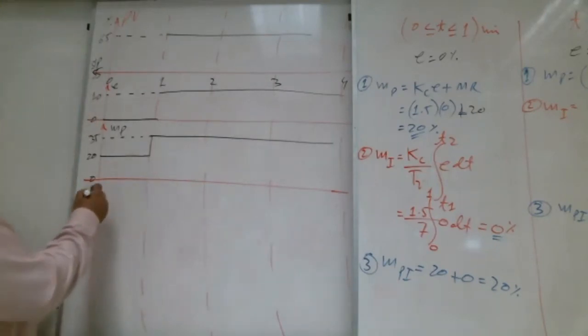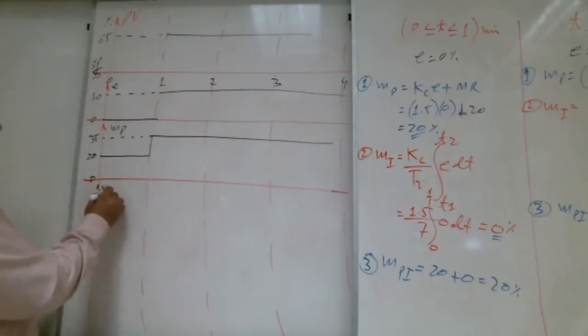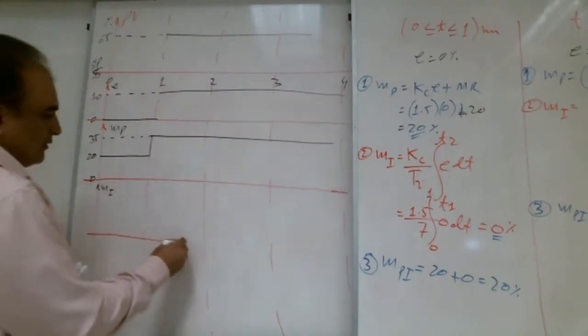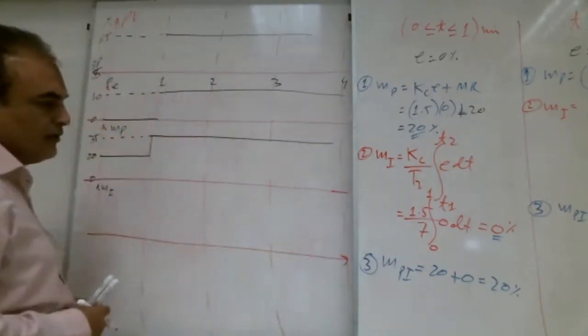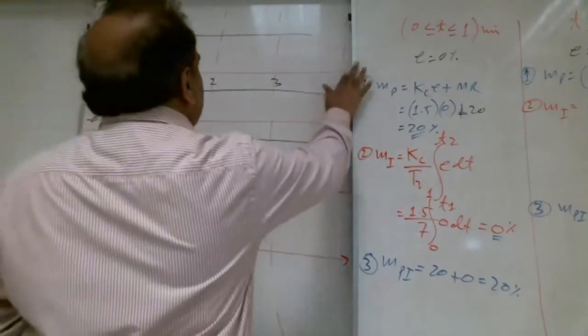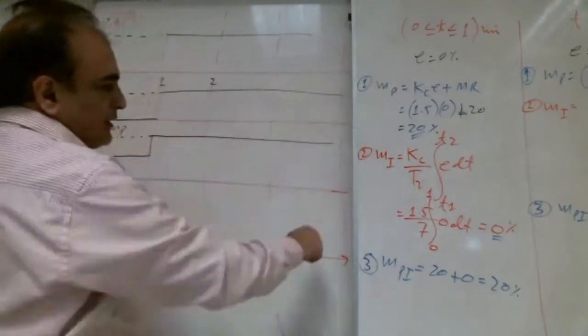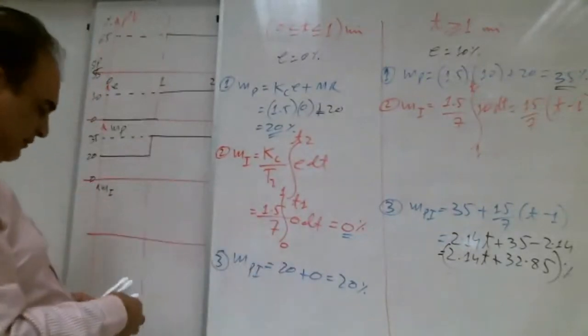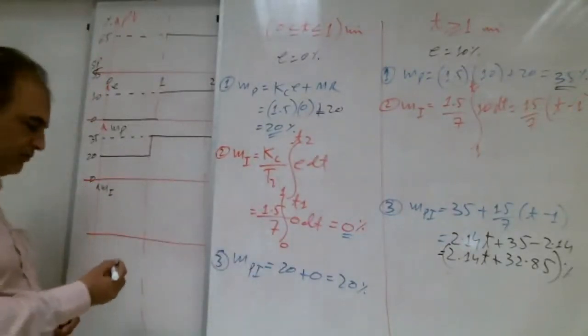Okay, then we need to draw MI. From 0 to 1, what is MI? 0.